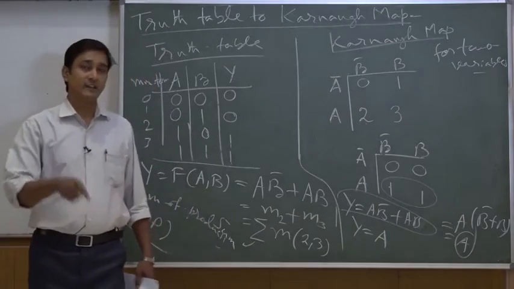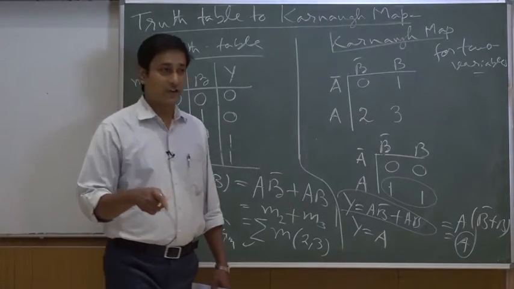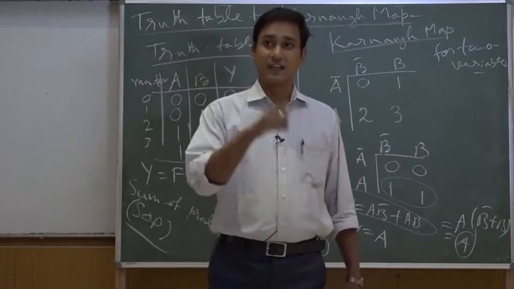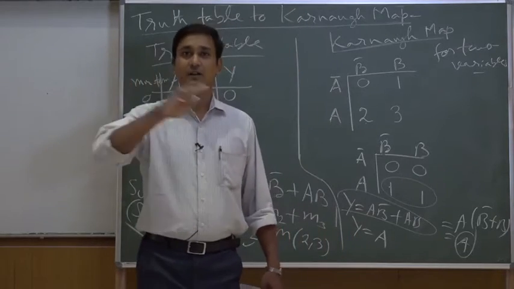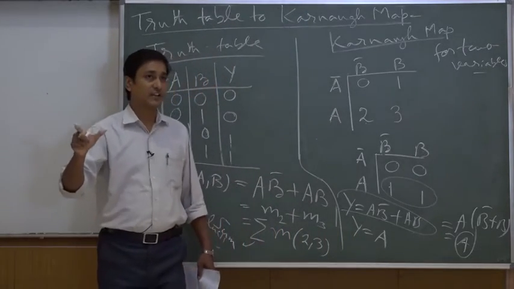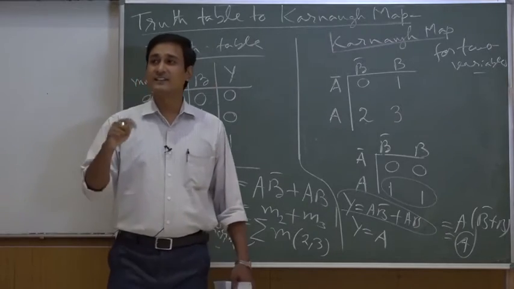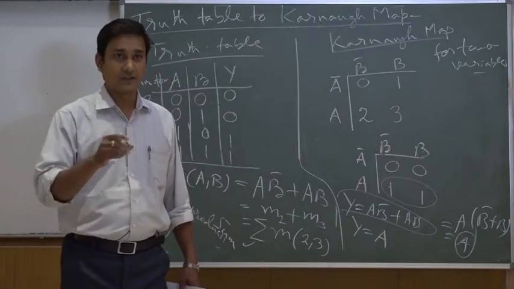Now, let us implement the same logic device which we took in the last class, y equals A bar, B bar, C bar and so on, a big expression, and finally we saw that it is nothing but C complement. Let us take that one.